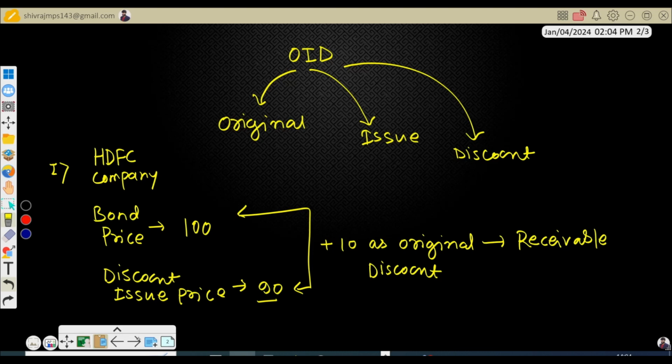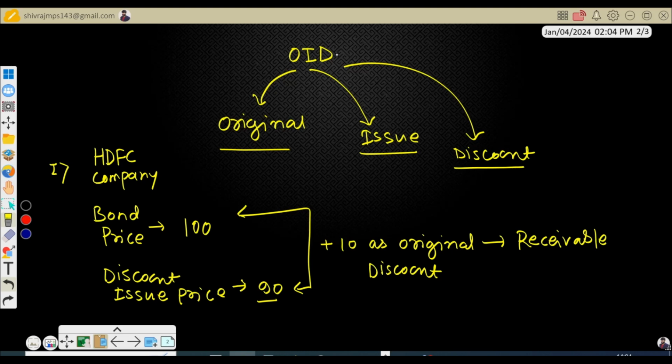OID stands for original issue discount. I means issue, D means discount. So just apply your logic. When we get the original issue discount, I'm sure you would see it in bonds only, where the investor receives an original discount.